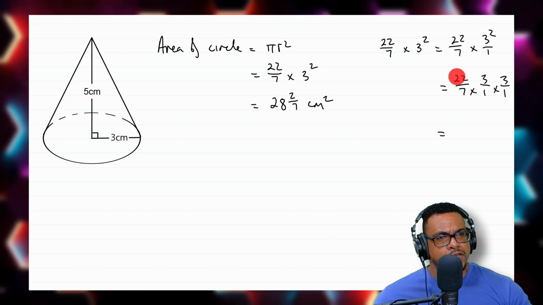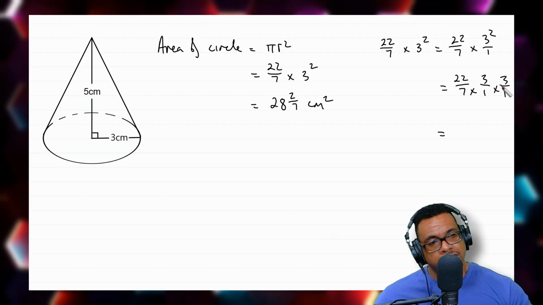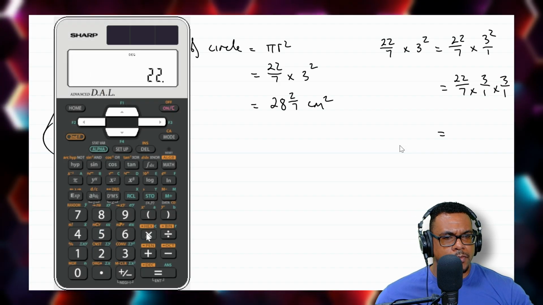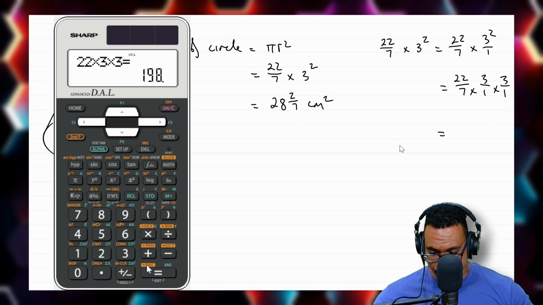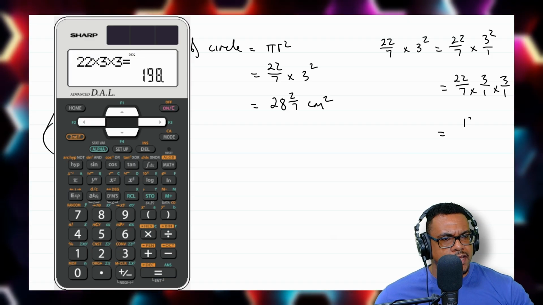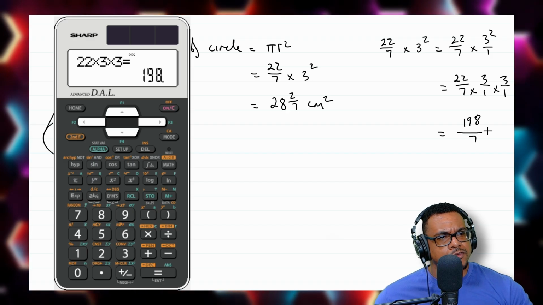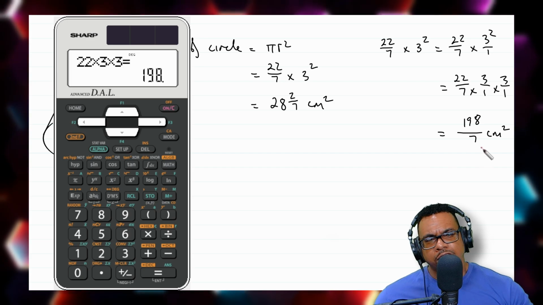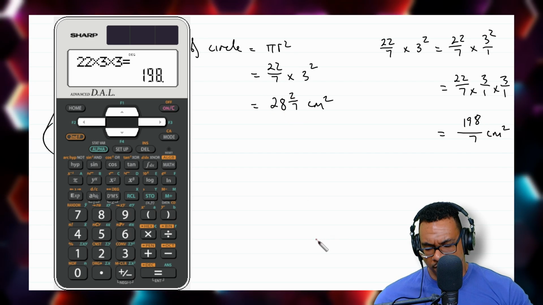So that's 22 by 3 is 66 and then 66 by 3. Again, we can do that on the calculator. All right, so 22 by 3 by 3, and we get 198. So we write that 198 here, and 7 by 1 by 1 is just 7. So then that's 198/7 centimeters squared. And of course, if you convert this to a mixed number, you will get the 28 and 2/7.